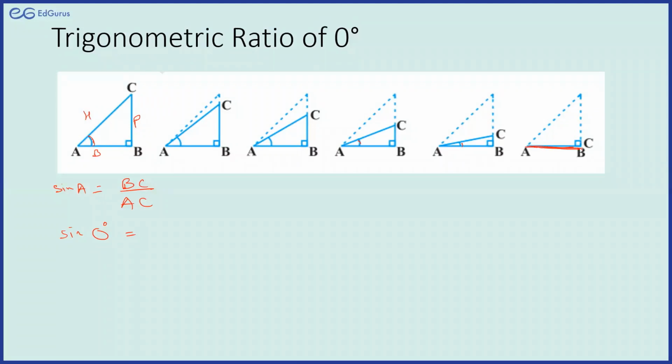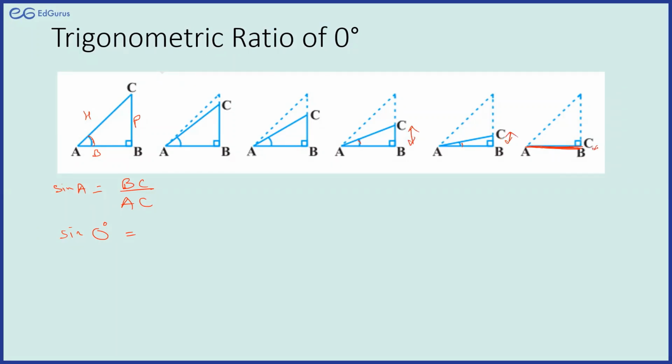So both AB and AC have coincided. They are overlapping. At 0 degree angle, your hypotenuse and your base are the same, and your perpendicular becomes 0. Here the perpendicular was BC, and BC is reducing, becoming smaller at every step.